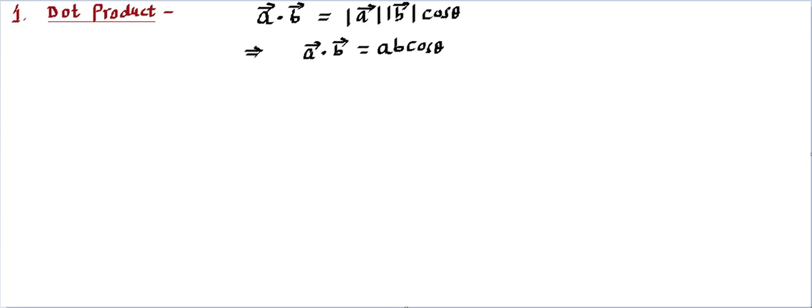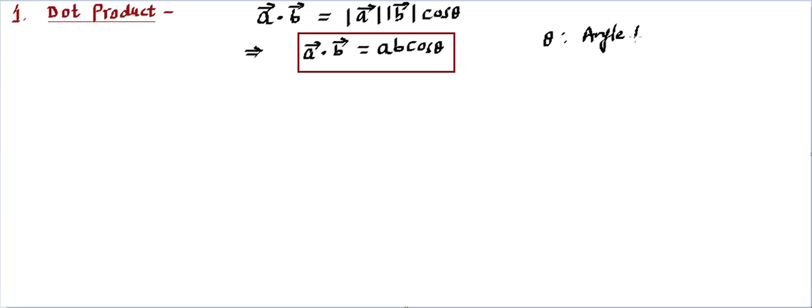So this becomes the definition of dot product between these two vectors A and B. So if vector A is known to us, vector B is known to us, and dot is in between, then we will find on the right hand side it's going to be magnitude of A, magnitude of B into cos theta, where theta is the angle between vectors A and B. So theta is the angle between vector A and vector B, and this is an angle we know how to measure between the two vectors.